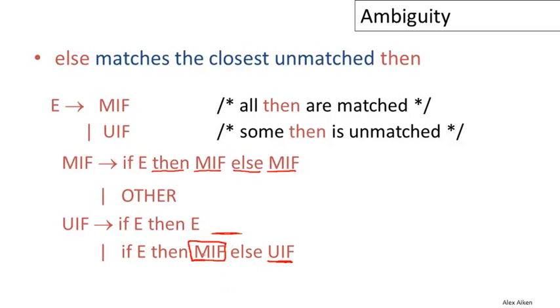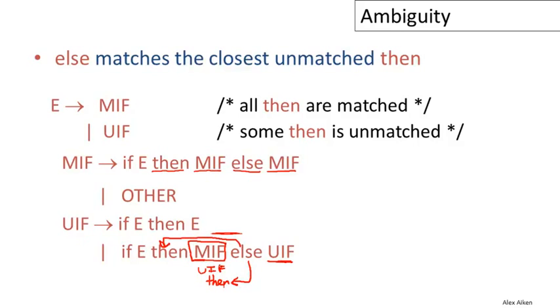And why is that? Well, think about it. If this was an unmatched if, that means that there would be some then in here that had no matching else. And then this else here would be closer to that then than it is to this then, and so it would have to match that one according to our definition. Okay, so that situation is not possible.